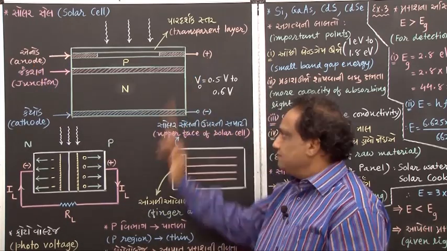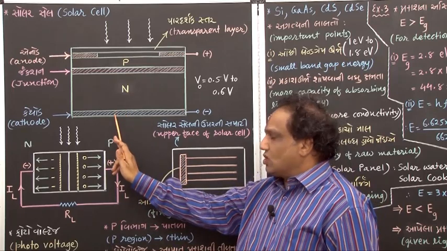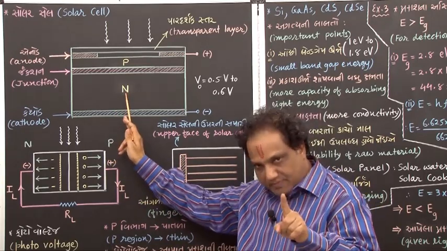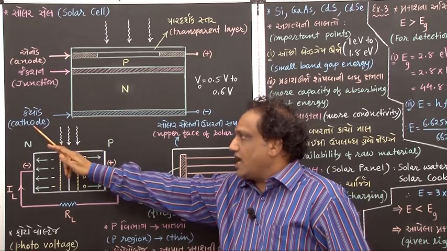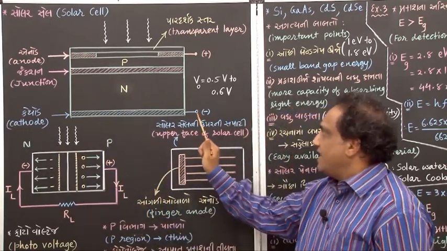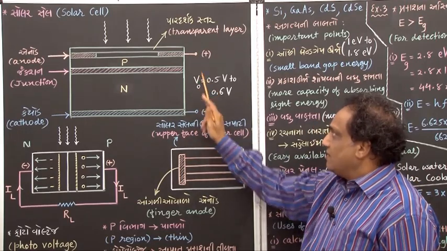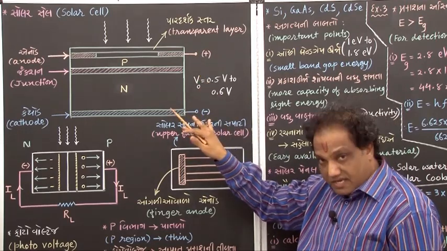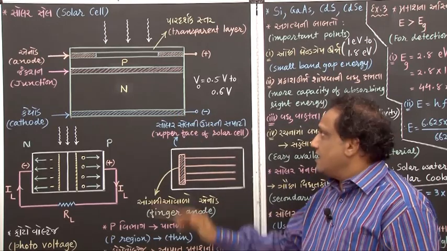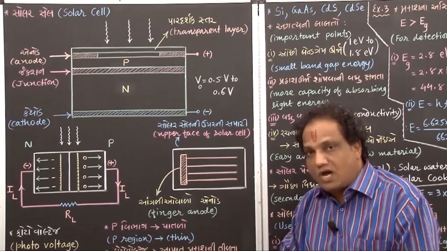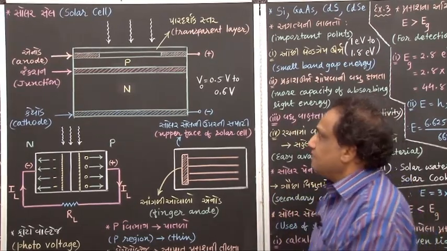The electrode in contact with the N-type semiconductor is called the cathode, which has negative potential. The voltage obtained between these two terminals is practically approximately 0.5 volt to 0.6 volt.